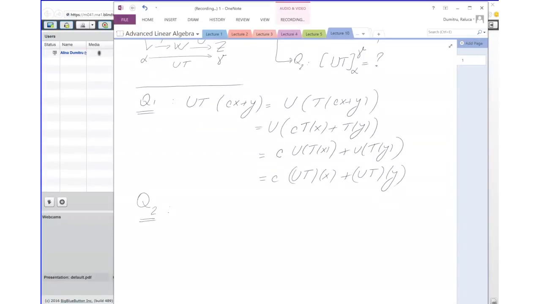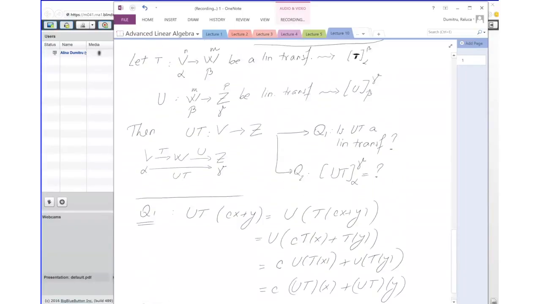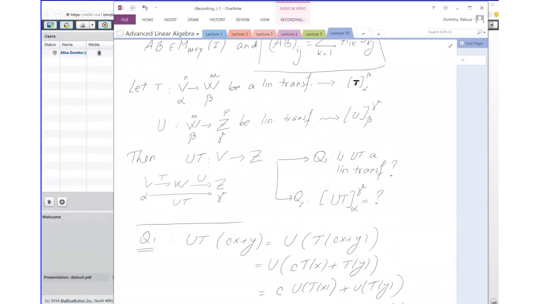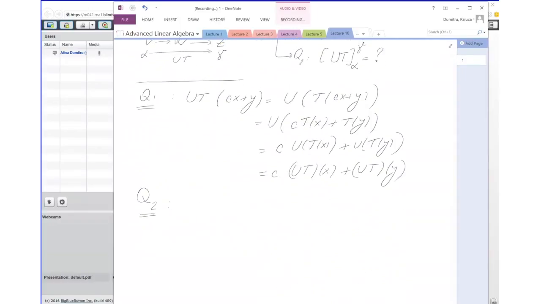Okay, question 2. What was the matrix of the composite function U composed with T from alpha to gamma? So in order to find that, what do I need to do? I need to apply U composed with T to the j vector in alpha. Now, alpha was a basis, so let me give some names now to the vectors in alpha, beta, and gamma. So alpha was a basis for V, which had dimension n, so let me call the vectors V1, V2, Vn.